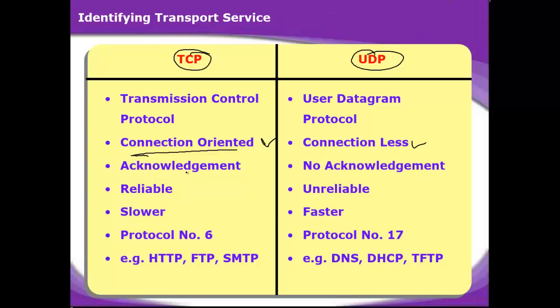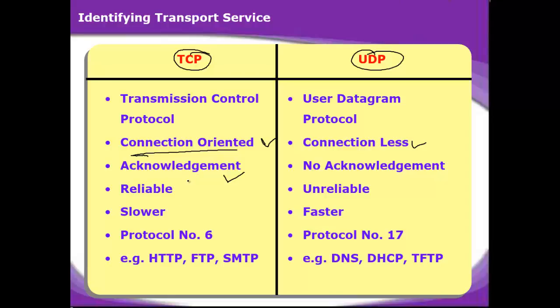Next, TCP uses acknowledgements. This is the main point in TCP, because if you lose some data in the transmission and you are using the TCP delivery method, then TCP is going to guarantee delivery of the lost data.